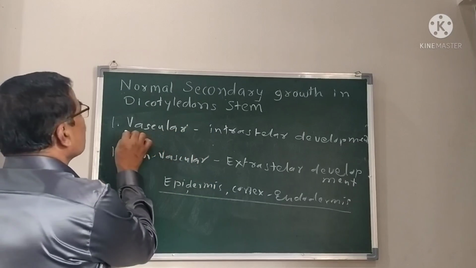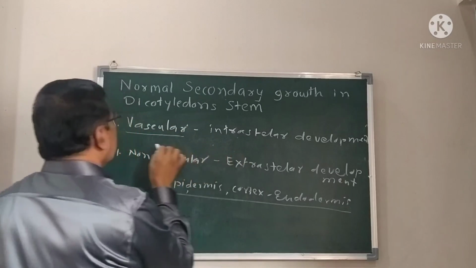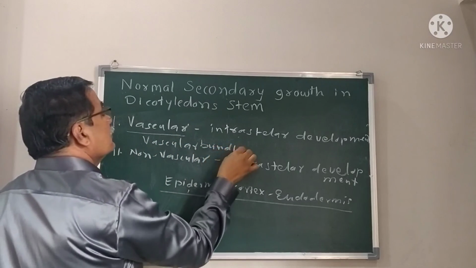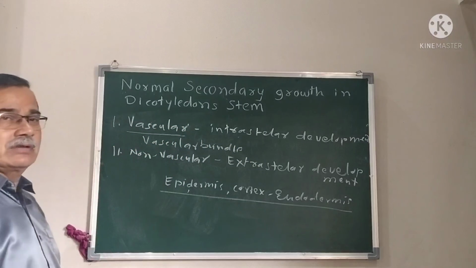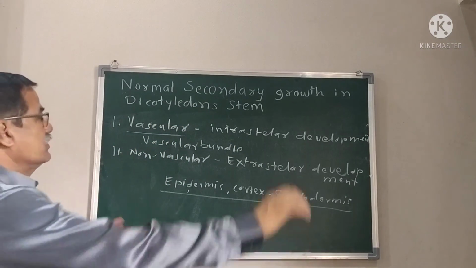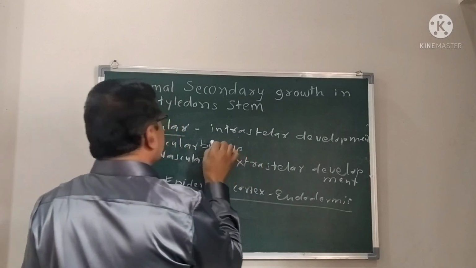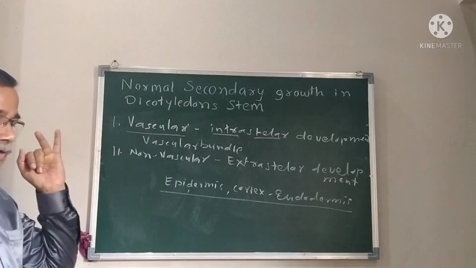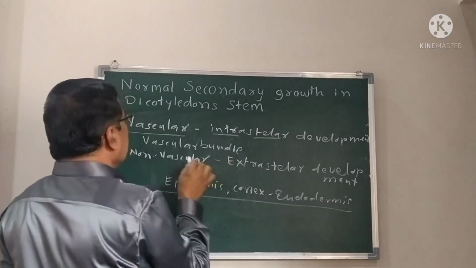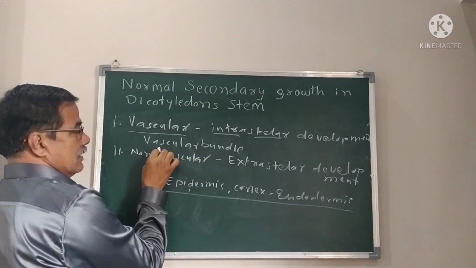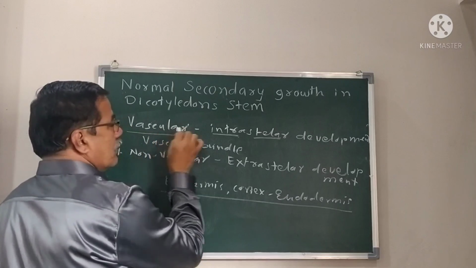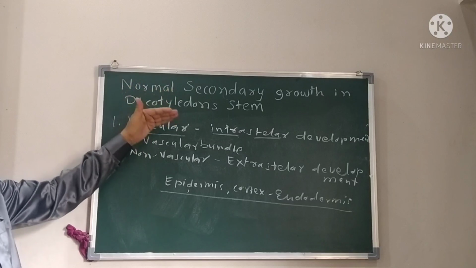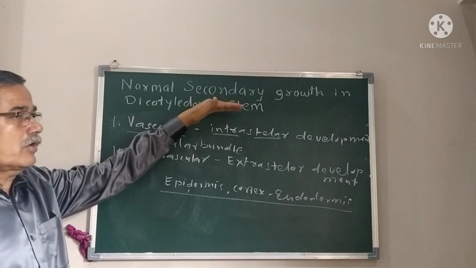Here, the vascular formation is the intrastellar, within the vascular bundle. See first the difference between vascular and non-vascular. Within the stele, which has the pericycle, vascular bundle and pith, the activity that takes place within the vascular bundle is known as vascular development or intrastellar development. We will see further in detail how secondary growth takes place in dicotyledons.